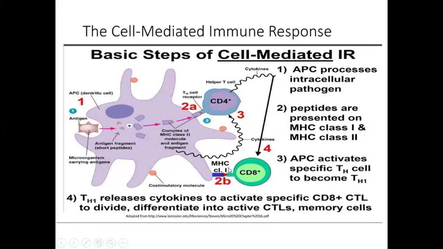And with the MHC1 receptor, the antigen presenting cell shows a new antigen to the cytotoxic lymphocyte, to the T killer, and the T killer is activated by this stimulation. So this is co-activation. The CD4 cells send the signal to the CD8 cells that they need to recognize the MHC1 receptor.